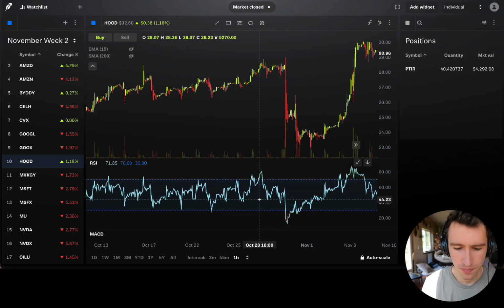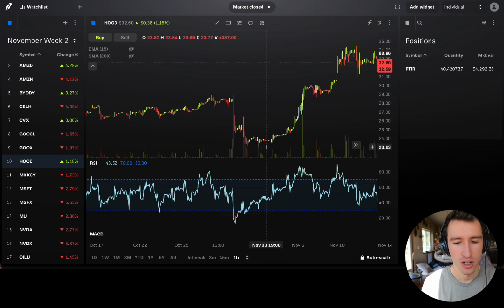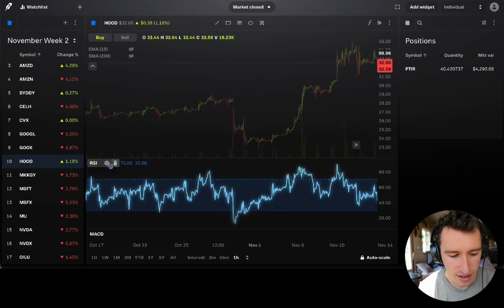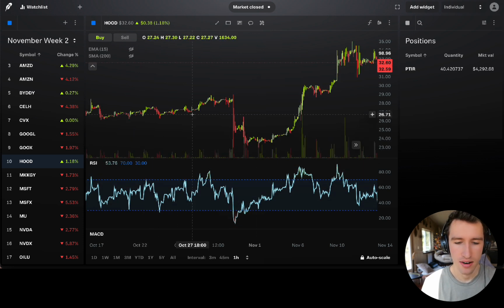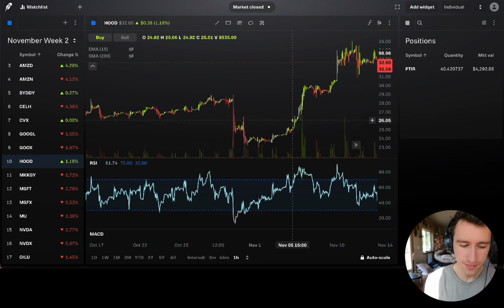For example, right here when we saw Robinhood sell off, even though the price was staying relatively the same, right at $23, we see the RSI was gaining momentum, which, as a relative strength index, is a clear signal that we are seeing that reversal take place.